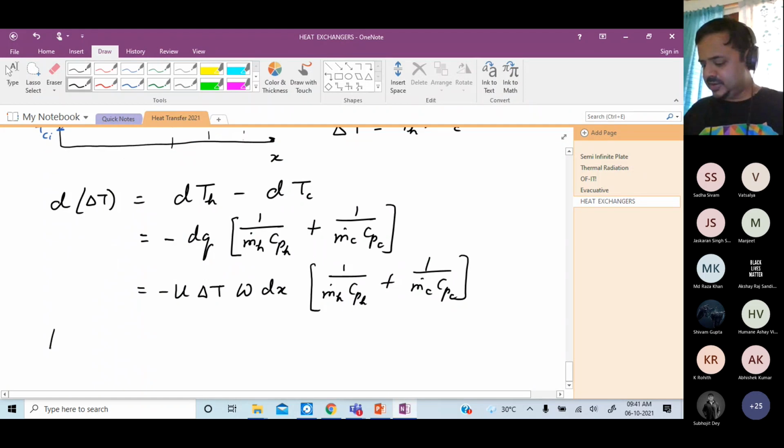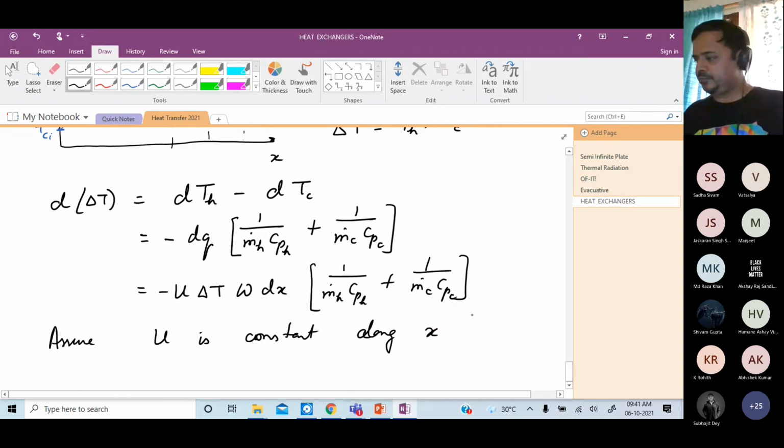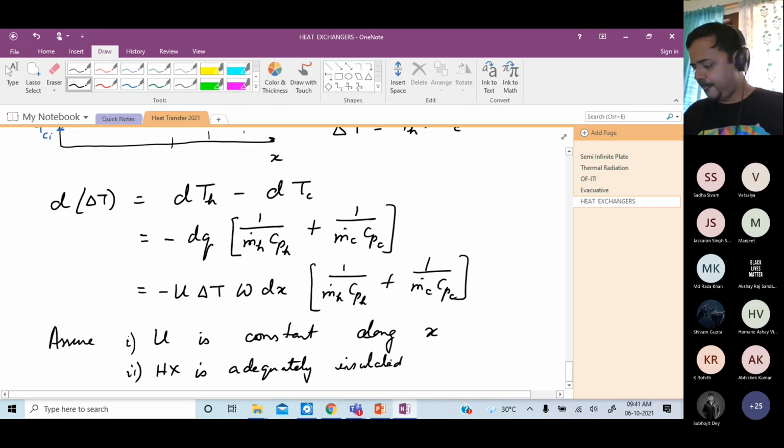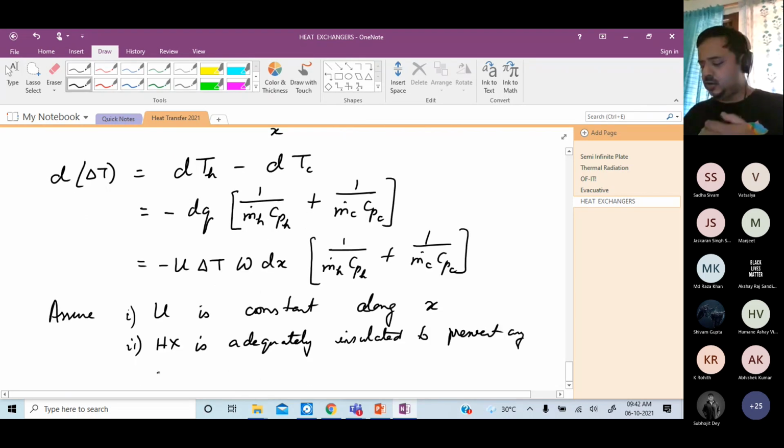Okay, so let us make a few assumptions. Assume U is constant along x, and the heat exchanger is adequately insulated to prevent any heat loss other than the heat transfer between the fluids.